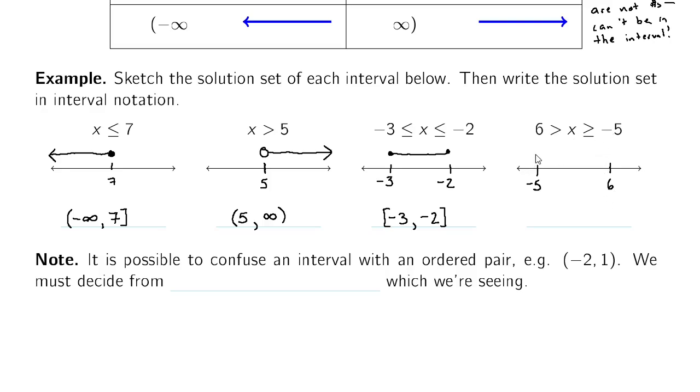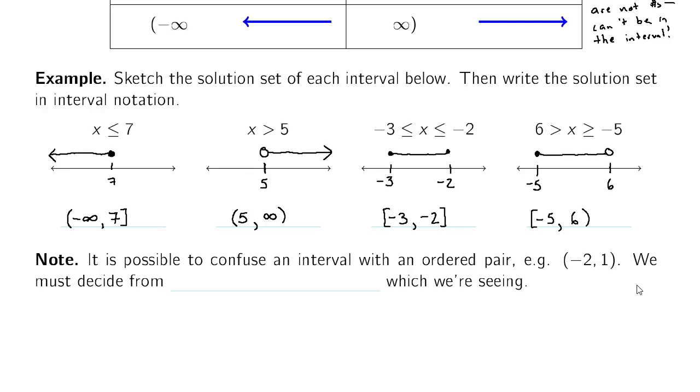So negative 5, x is allowed to equal negative 5, so we have a filled in dot there. x is not allowed to equal 6, so we have an open dot there. x is between them. Left end, we have negative 5 with a square bracket. Right end, we have 6 with a round bracket.